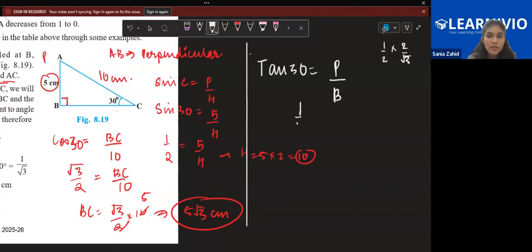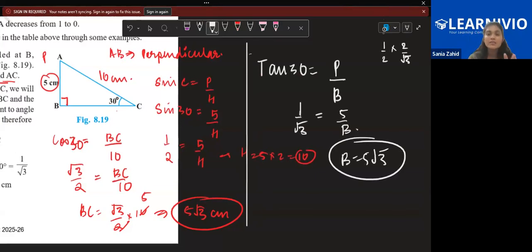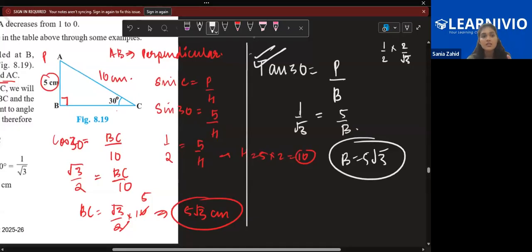So 1 by root 3 is perpendicular upon base, so base is 5 root 3. Now you are getting the same answer, but you will prefer this one rather than the other. Now, why am I saying that you prefer tan and not cos? See, AC you have to find, right?